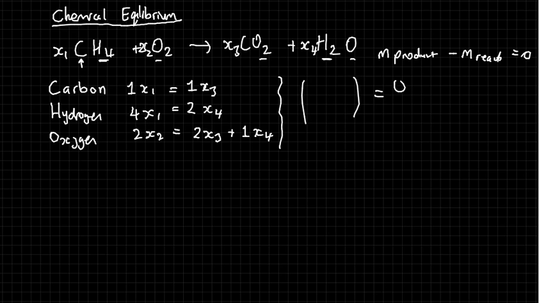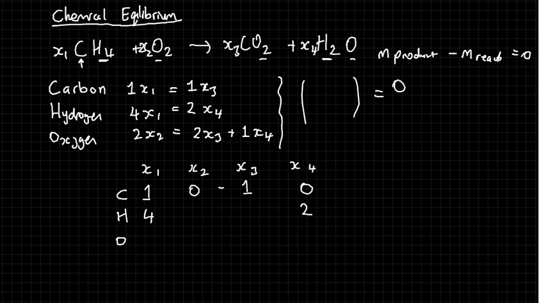So let's rearrange these equations into an equation where we've got a whole bunch of variables on one side and we're equating that to 0, because that's what our mass balance says. So I've got a column here of x1, x2, x3 and x4, and down here I've got carbon, hydrogen, and oxygen. So for carbon, I've got 1 in the x1 position, I've got 1 in the x3 position, and 0 and 0 in the other positions.